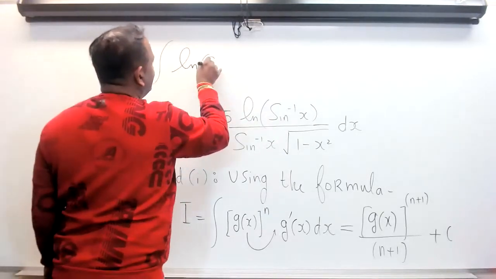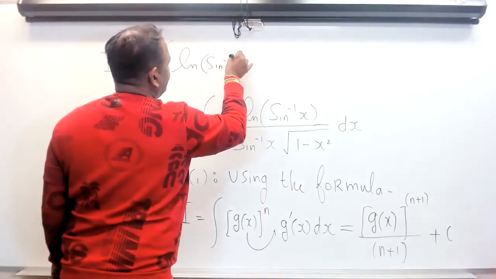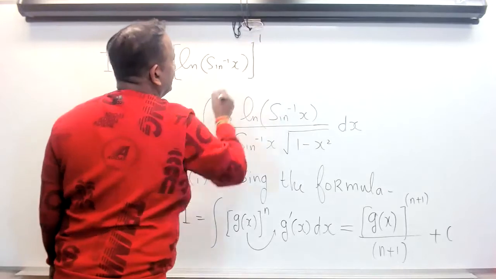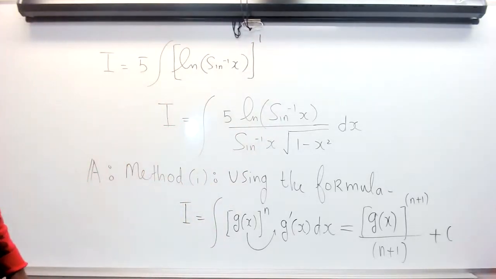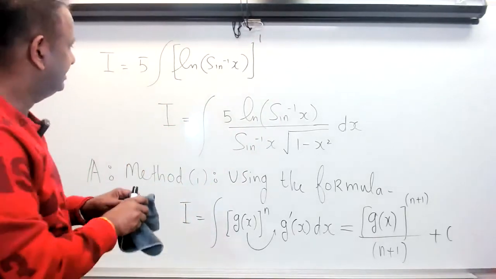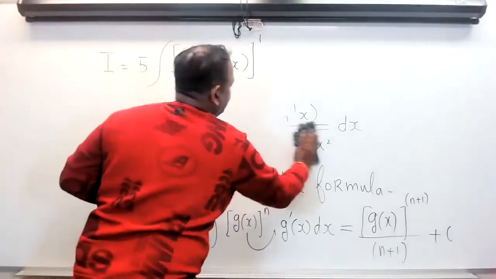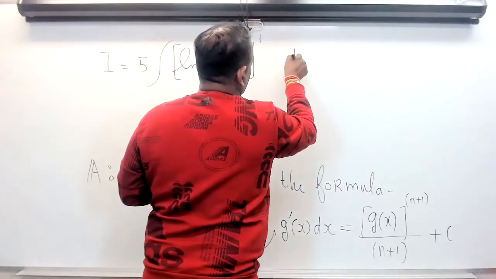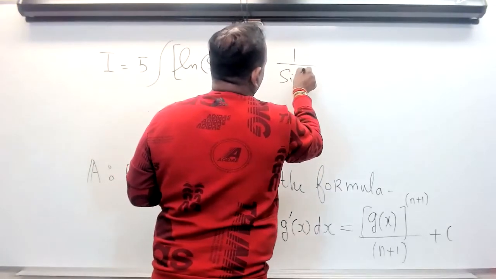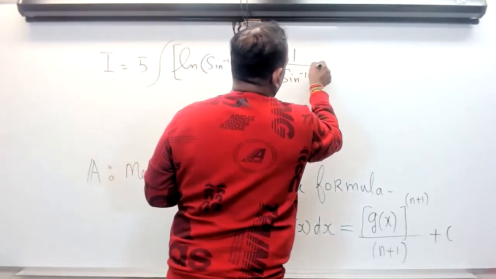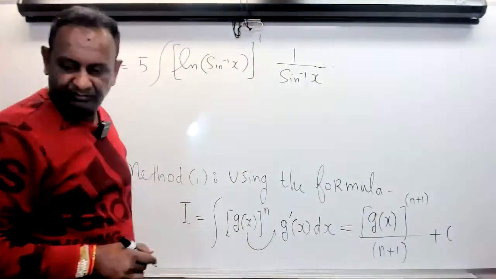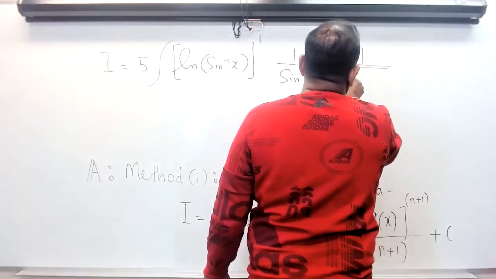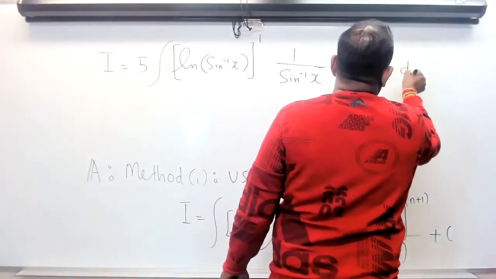Sine inverse x to the power of 1, and the rest I'm going to write this way: 1 over sine inverse x times 1 over 1 minus x squared dx.